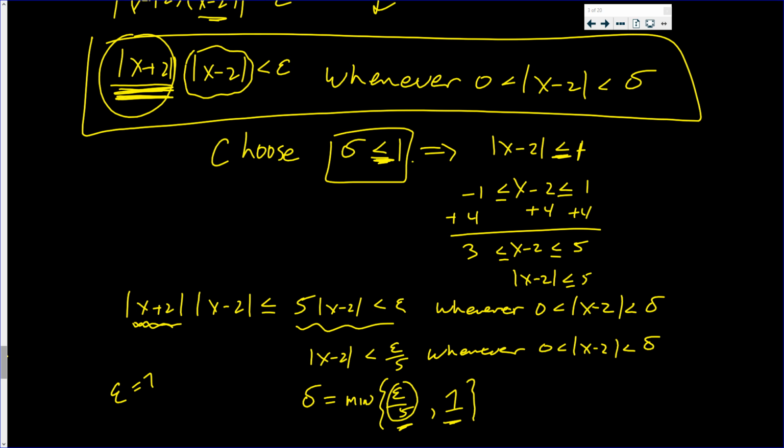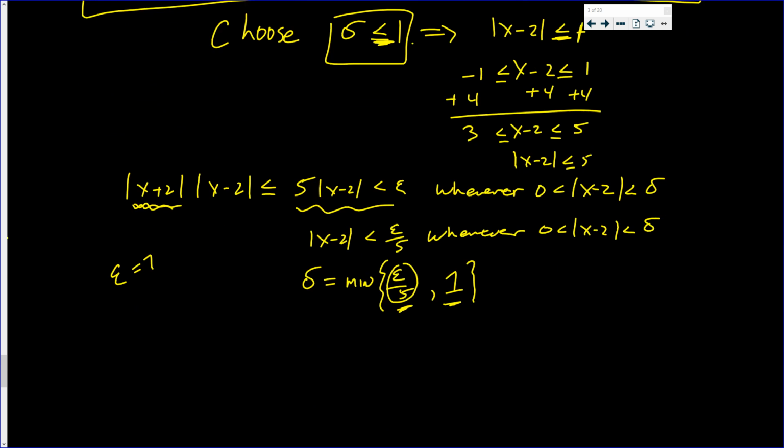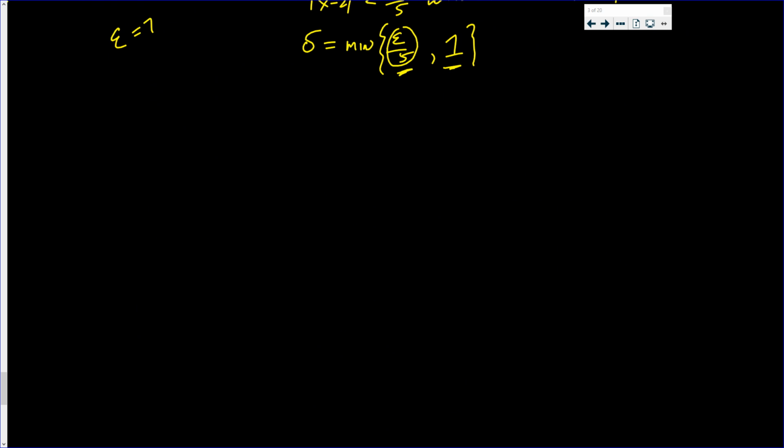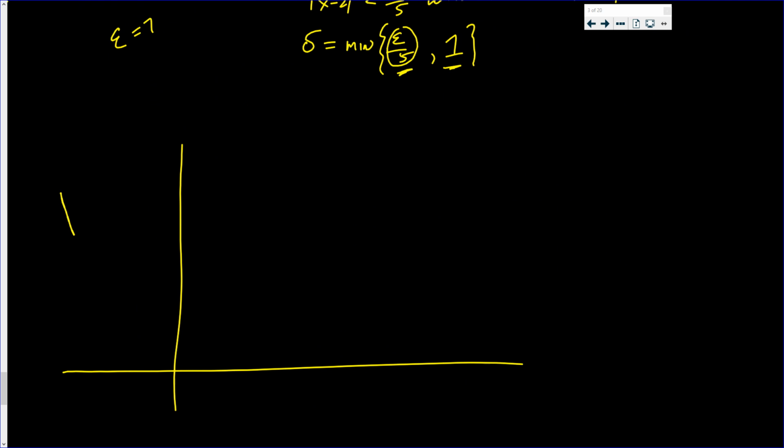Okay, so let us see what is going on in this case graphically. Let us look at this carefully under a magnifying glass. So this here is y equals x squared. And here is 2.